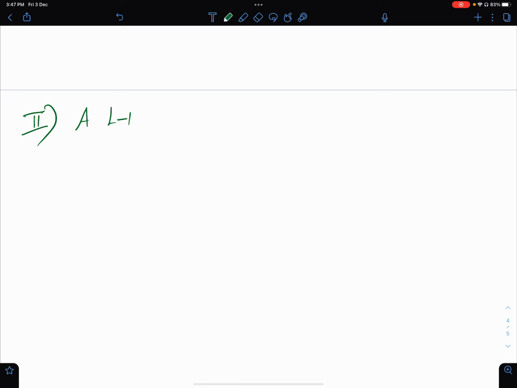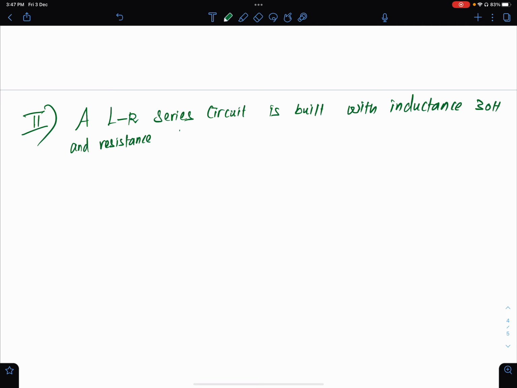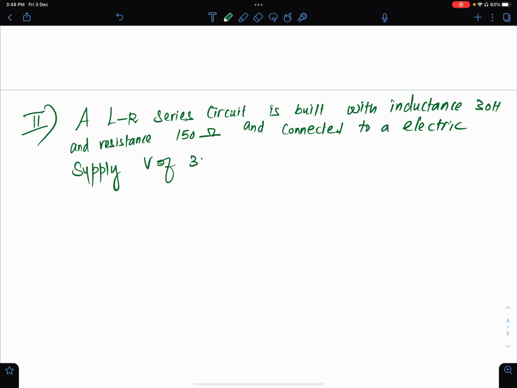An LR series circuit is built with inductance 30 henries and resistance 150 ohms, and connected to an electric supply V of 300 volts.